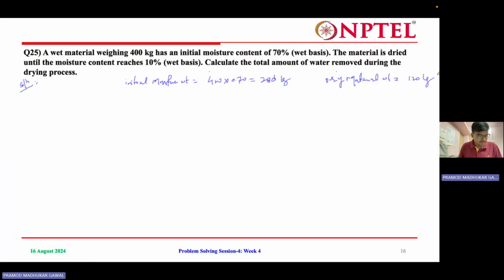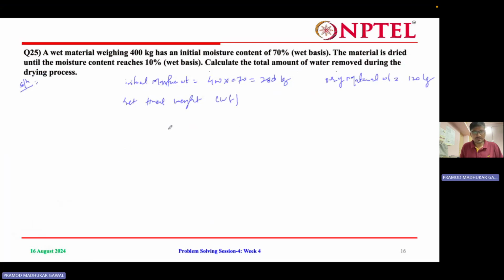The final moisture is 10%, right? Consider the final weight, and the final water weight is WF, right?